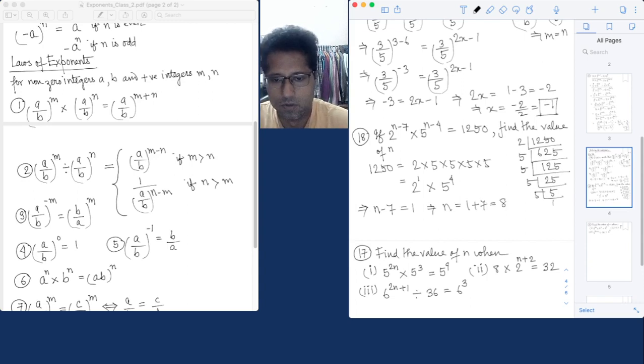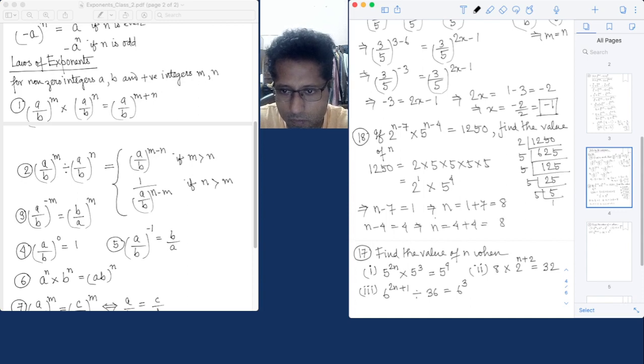So we got n by equating the power of 2 on both sides. Now if you equate the power of 5 on both sides, you will get the similar result. n minus 4 equals 4. This implies n equals 4 plus 4 equals 8. So n is 8. That is the answer.